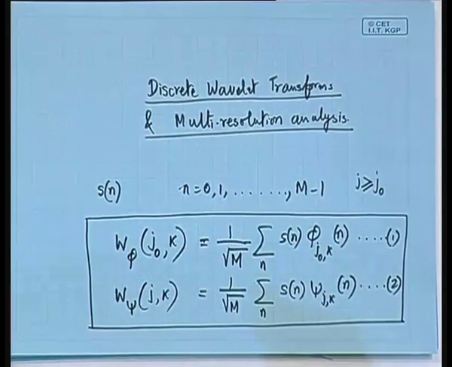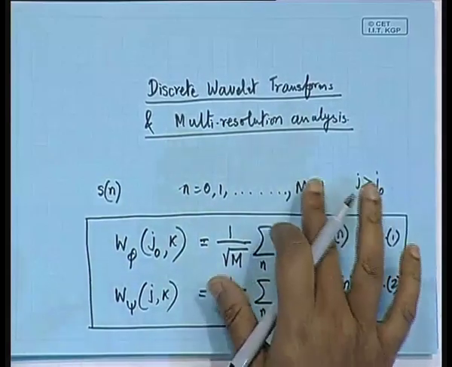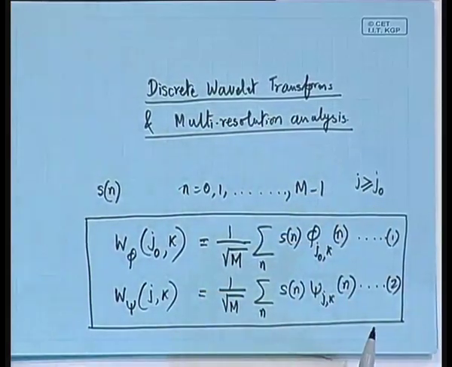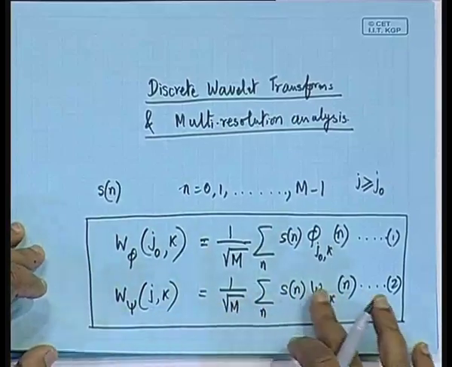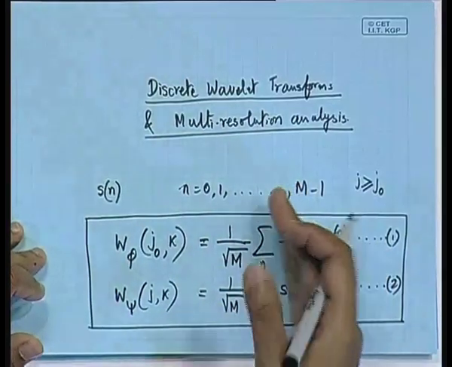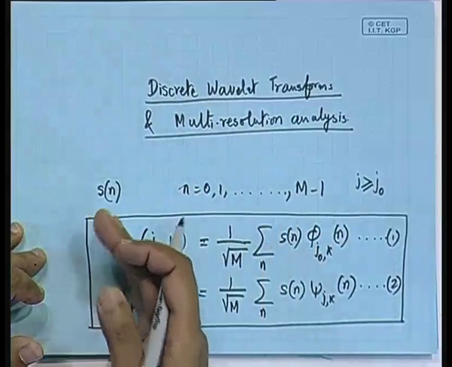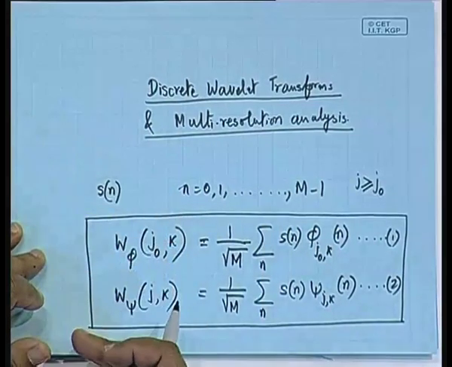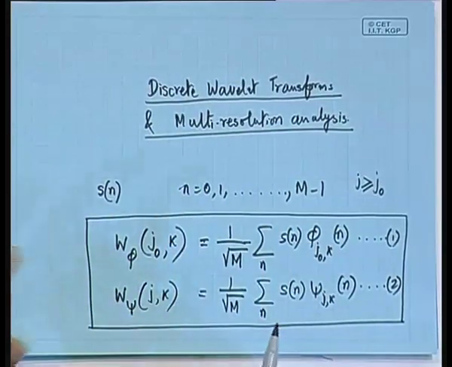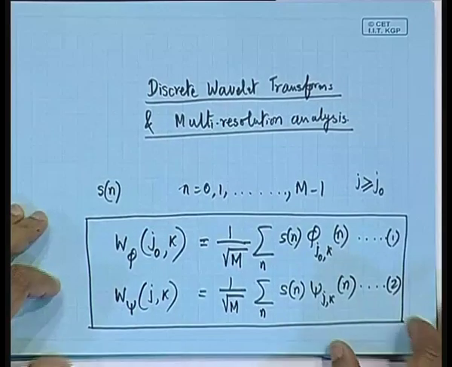So, by very similar logic, this sort of normalization will be there. In our case, m is nothing but the number of samples. So, this is conversion from the Sn domain to a new transform domain, and this new transform domain is also in the discrete space.